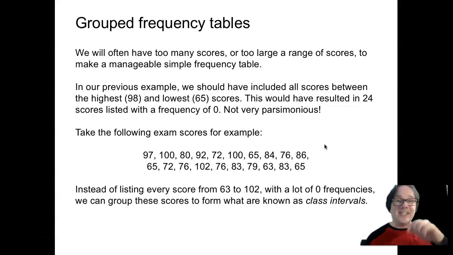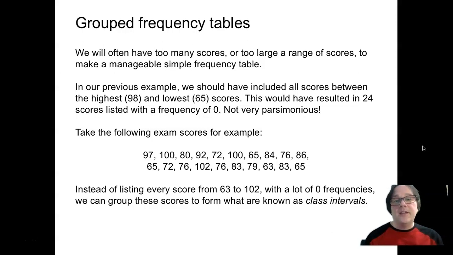So instead of listing all the scores, 102. Sorry, somebody got some extra credit points there. So instead of listing all the scores from 63 to 102, if we did that, we would have a whole bunch of scores with just zeros next to them, no frequencies next to them.